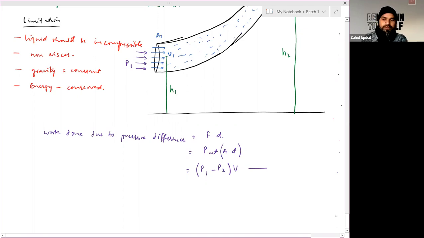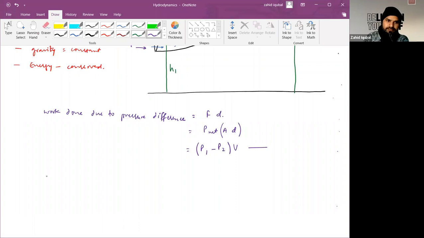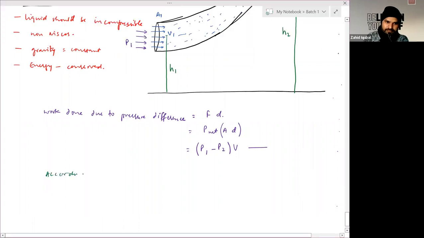So according to the work energy theorem, the amount of work done due to pressure difference equals the change in kinetic energy plus the change in potential energy.